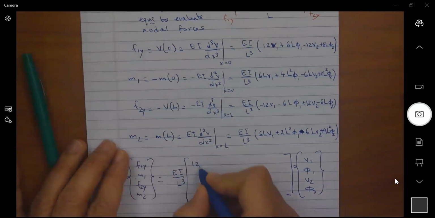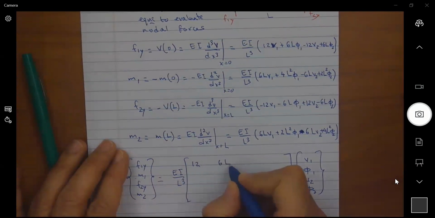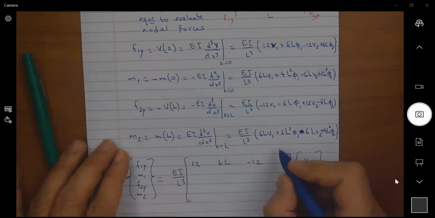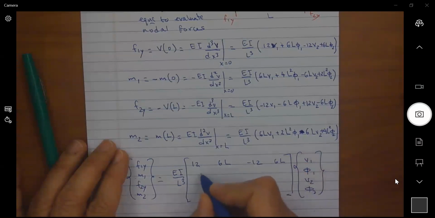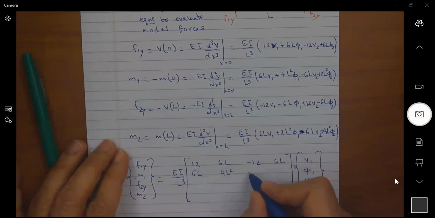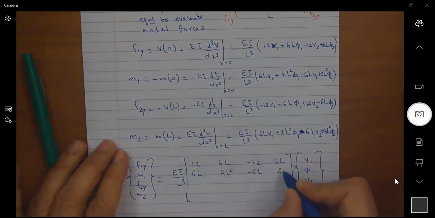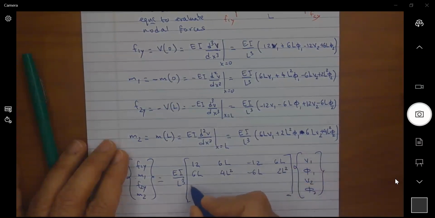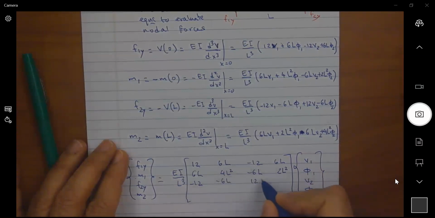I will get here a 12, a 6L, a minus 12, and the 6L, 6L, 4L squared, minus 6L, 2L squared, minus 12, minus 6L, 12, minus 6L, 6L, 2L squared, minus 6L, and 4L squared.